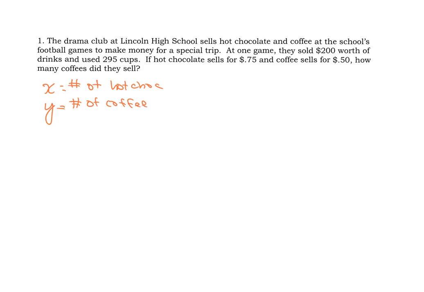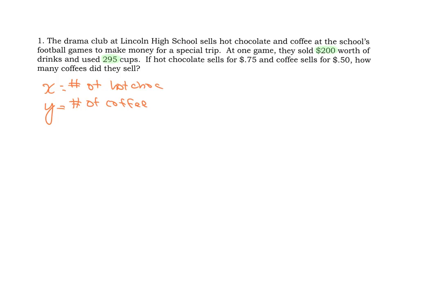Now, when I'm doing word problems, especially with systems, I'm going to first look for totals, then a comparison. And so when I read this, they are telling us that it has sold $200 worth. That's a total in that one game. And this is how many cups they sold, which tells me how many total coffees and chocolates they sold.